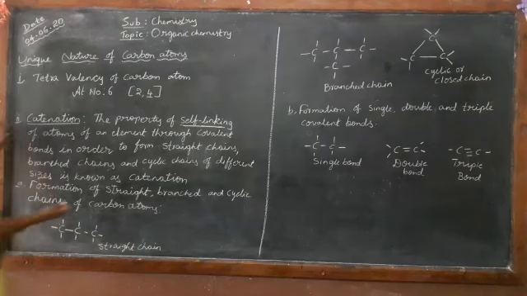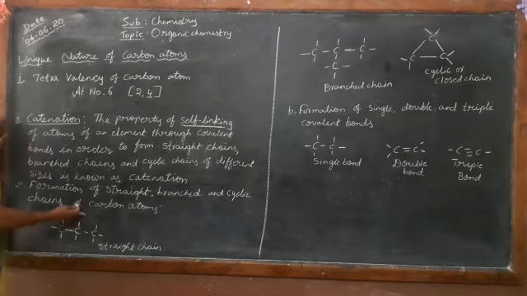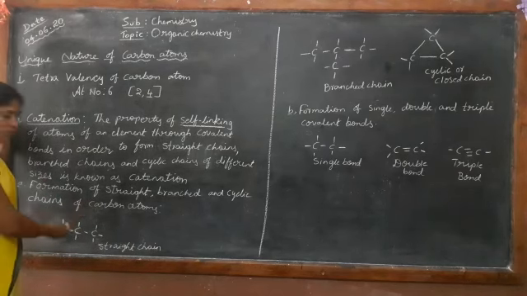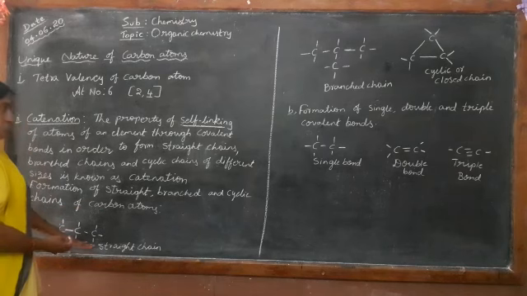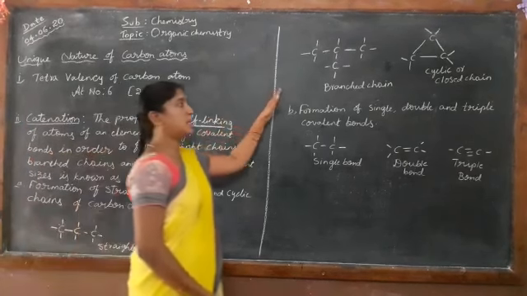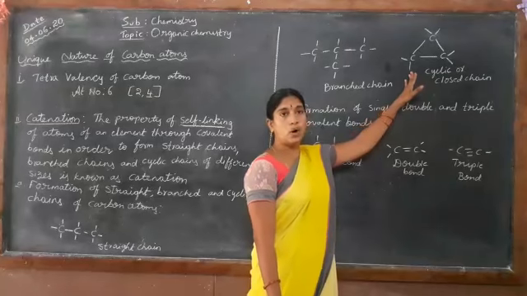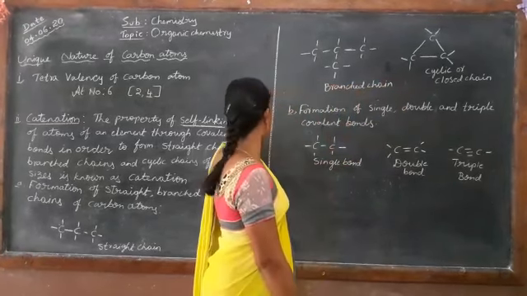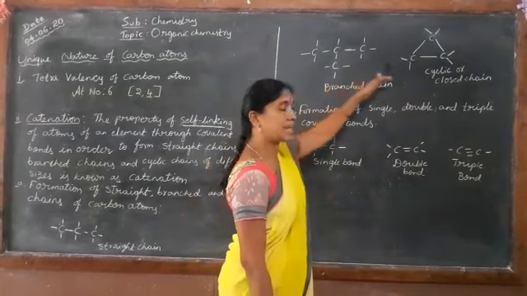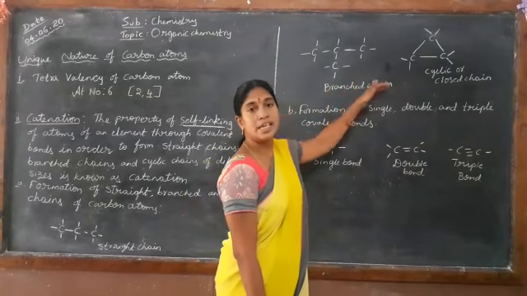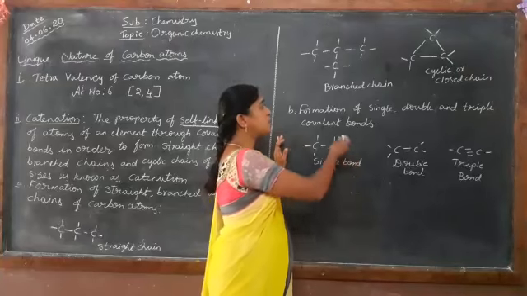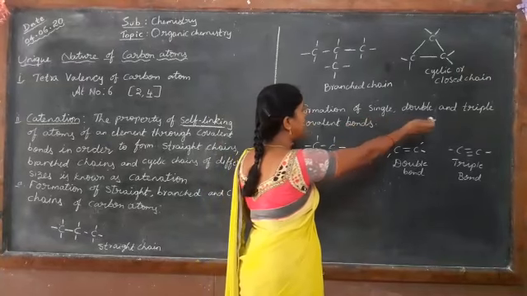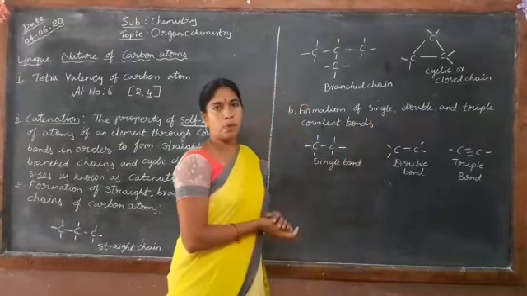So whenever it undergoes catenation, it will form either a straight chain, branched chain or cyclic or closed chain. And not only the formation of straight, branched or cyclic chains, it also forms single, double and triple covalent bonds.